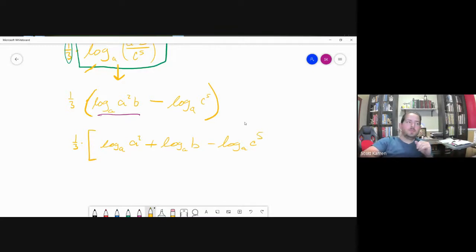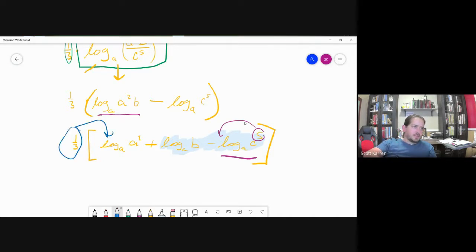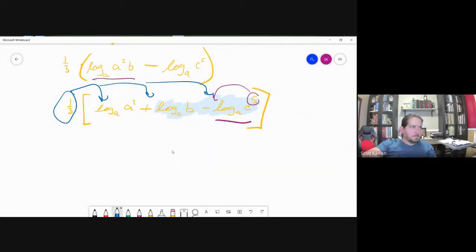Now, I can simplify this one by taking that fifth down. But at the same time, I'm going to take this 1/3 and distribute it through so I can get rid of these parentheses.